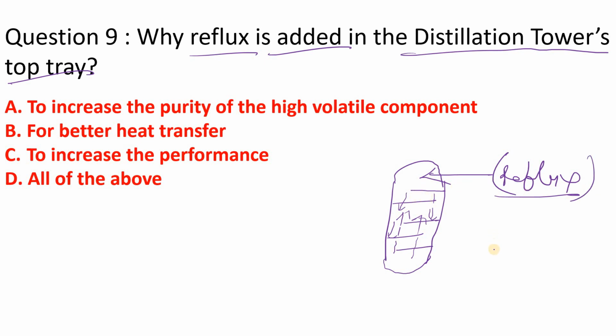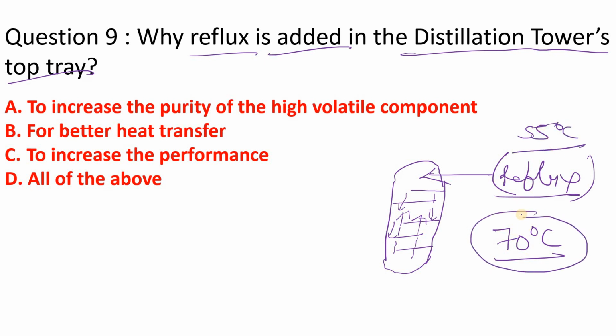So earlier it was boiling at, suppose, 70 degrees Celsius, now it may boil at, suppose, 55 degrees Celsius. Why? Because the vapors which were going from here, we have condensed, and then we collected them in the accumulator, and now we are sending them to the top tray of the distillation tower.